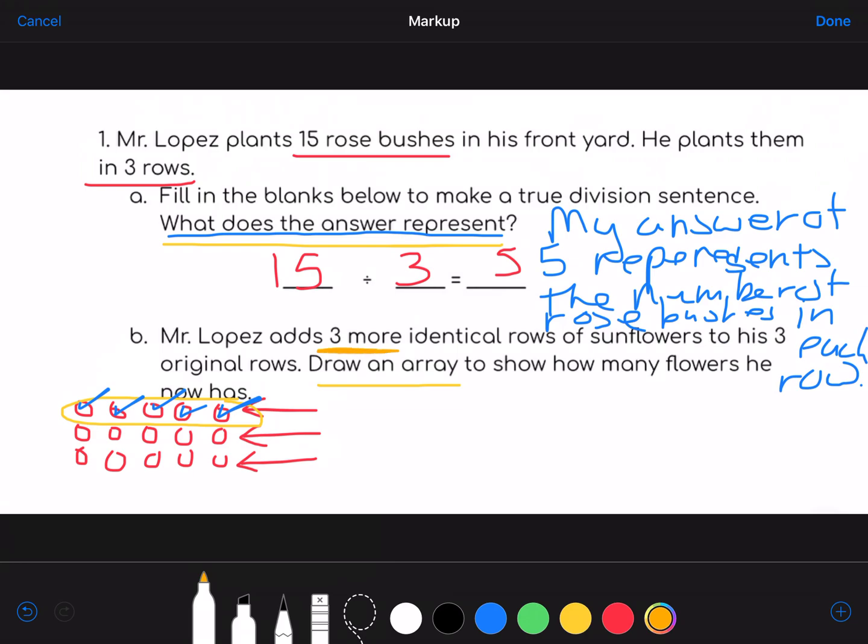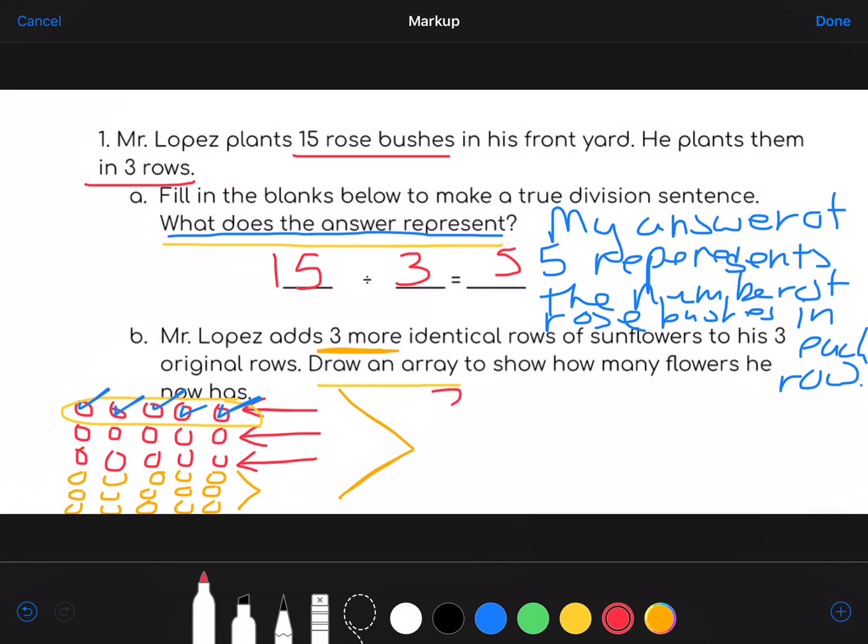And 3 more rows. So 1, 2, 3, 4, 5. There's 1 more row. 1, 2, 3, 4, 5. Now I have 2 more rows. 1, 2, 3, 4, 5. Here are 3 more rows of sunflowers, right? So draw an array of how many flowers he has now.